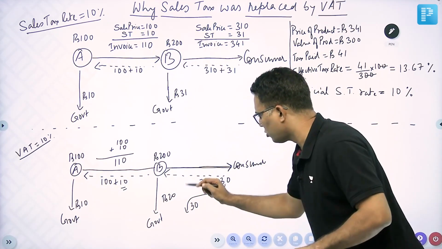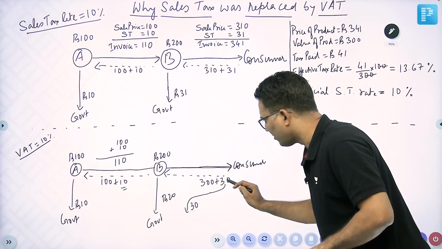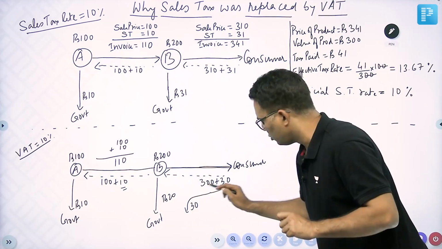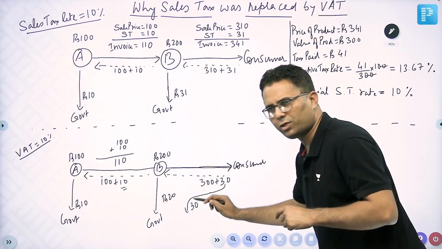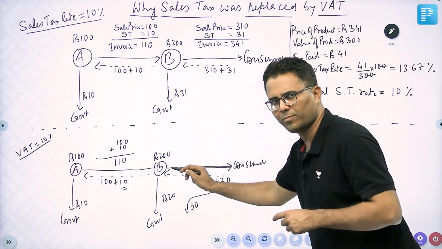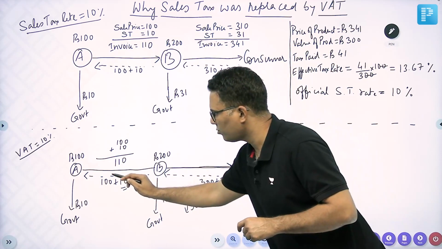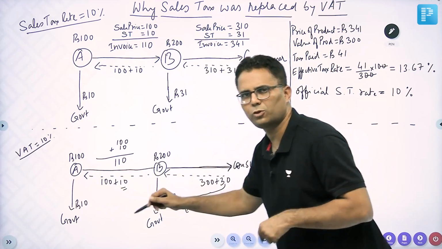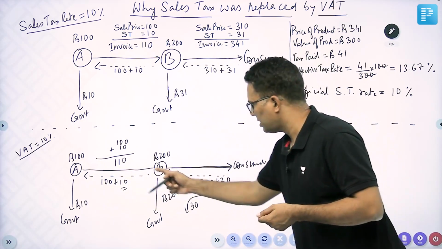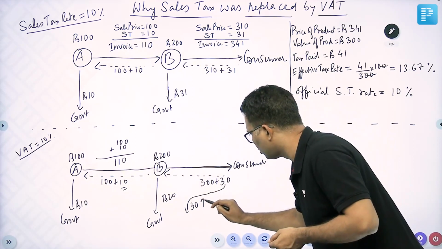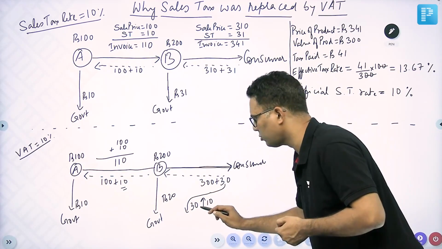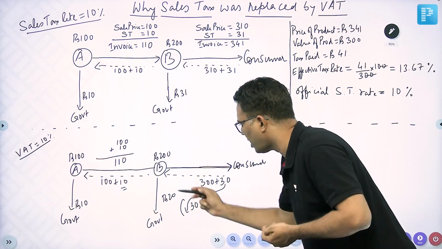You give a proof to the government that you have given 10 rupees and it has been deposited to government. Once you give a proof, this 10 rupees will be returned to B. So, effectively B paid how much? 20.